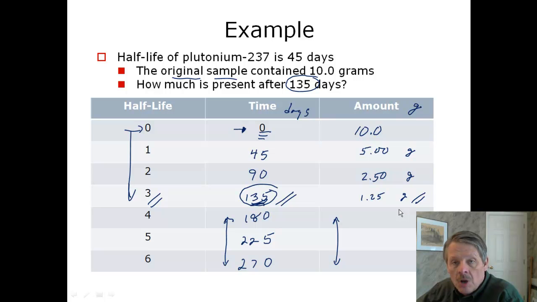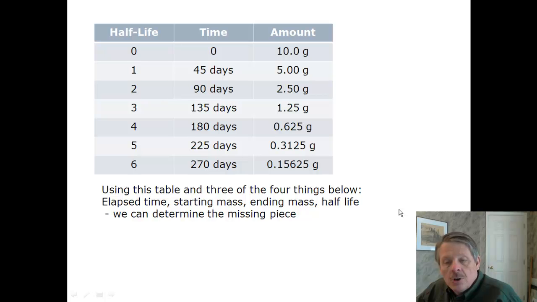If you draw this chart every time, here's another example of the same chart. If I give you 3 or 4 things, the amount of time that's passed, how much mass you started with, how much mass you ended with, and or the half-life, you can find the rest.